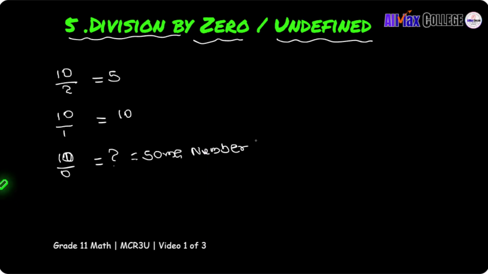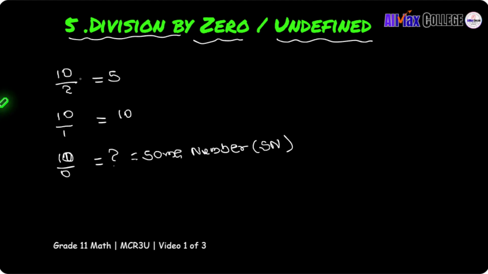I'll denote it as sn, some number. 10 divided by 0 is some number.